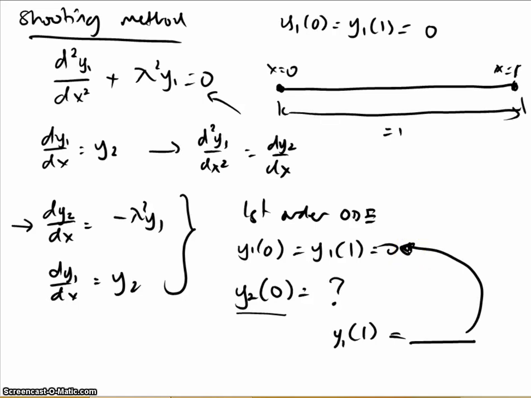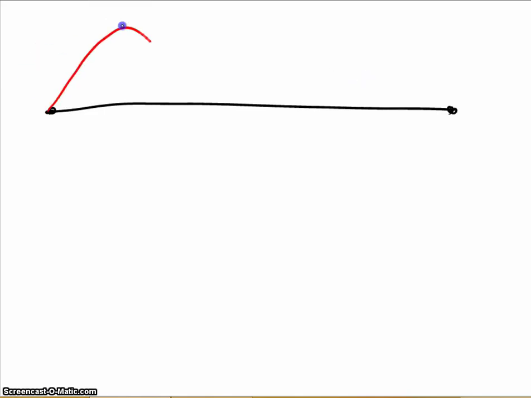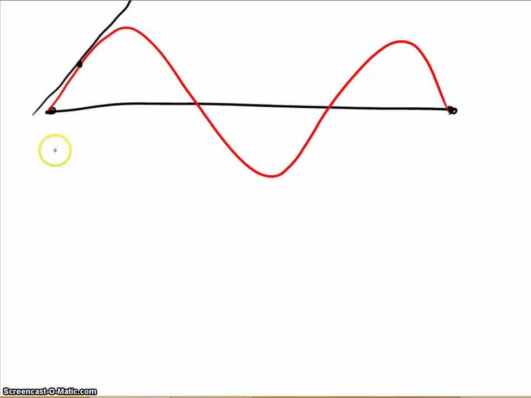But we first need to look at what y2 means physically. If you look at this, y2 is basically dy1/dx. What is dy1/dx? It is basically the slope, or the magnitude of the slope, of your vibrating string. If this is the string that you have initially, and then it is vibrating this way, the slope dy1/dx is basically the magnitude of this slope here.